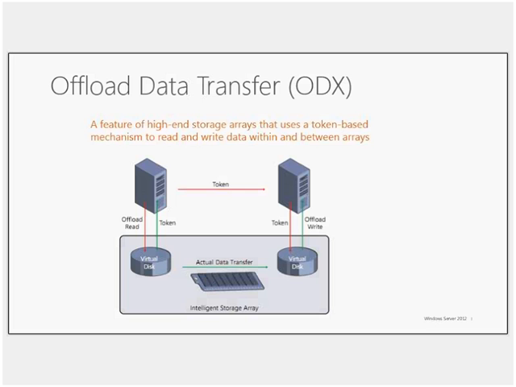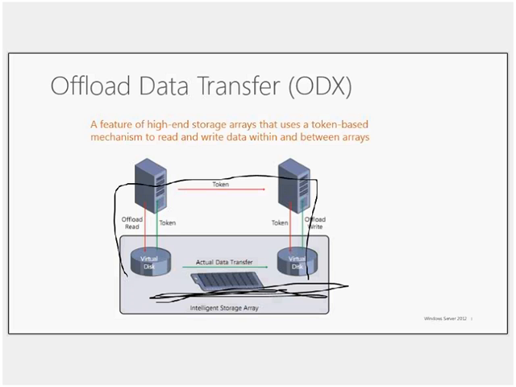ODX can also provide benefit for non-virtualized environments, such as when you're transferring large database files or video files between servers. So once again, what you're basically doing is copying the token across while actually copying all that data at the actual data transfer layer on the Intelligent Storage Array.